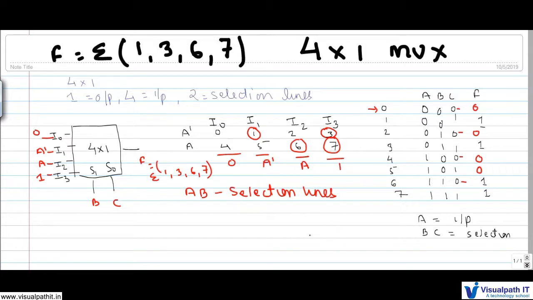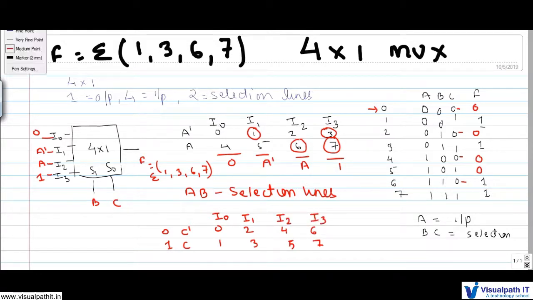So it is 0 for 0, 2, 4 and 6, and 1 for 1, 3, 5 and 7, right? So this is C dash and this is C. It is 0 and this is 1. So this will have I0, I1, I2, I3, right?